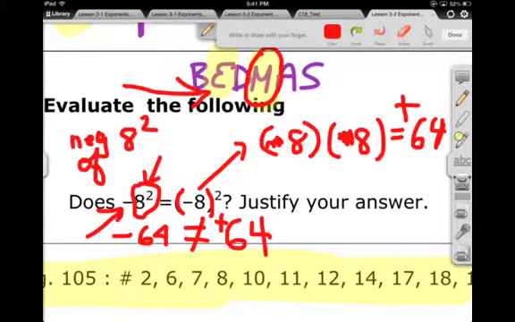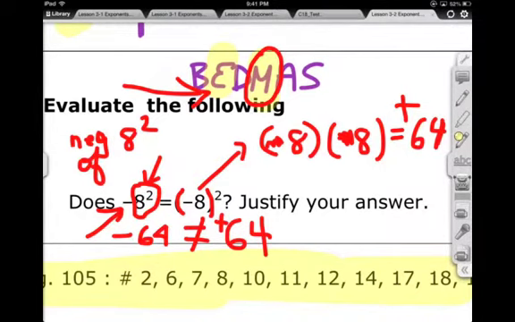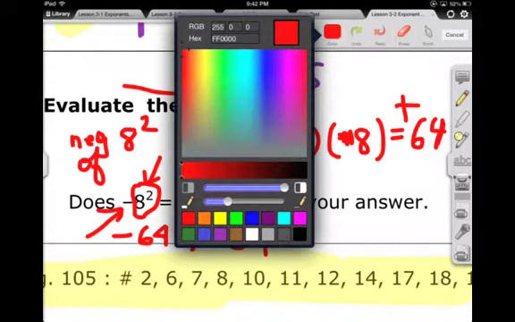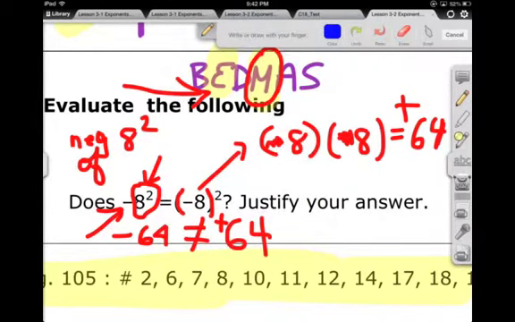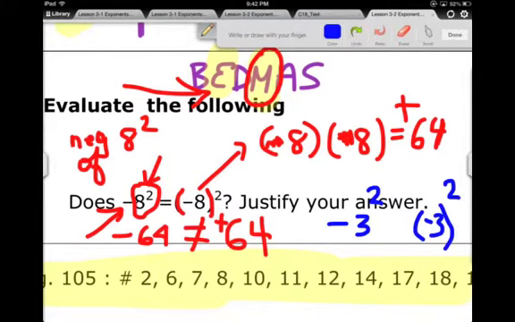Be very, very careful. Let's change colors for one more quick second. Let's go to blue. If you ever see this, and you go to compare it to, let's push that off. These are totally different. The parentheses, in this case, tell you what the base is. There's no parentheses around this.